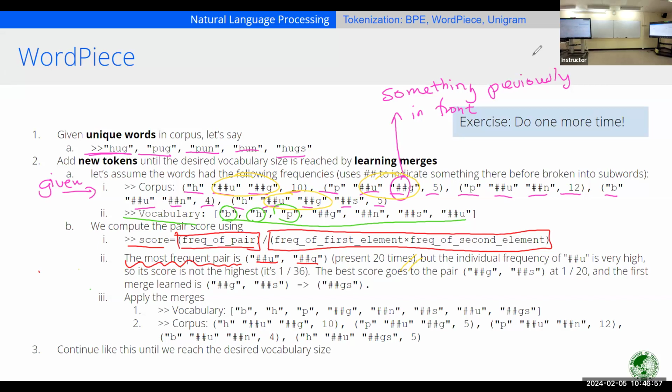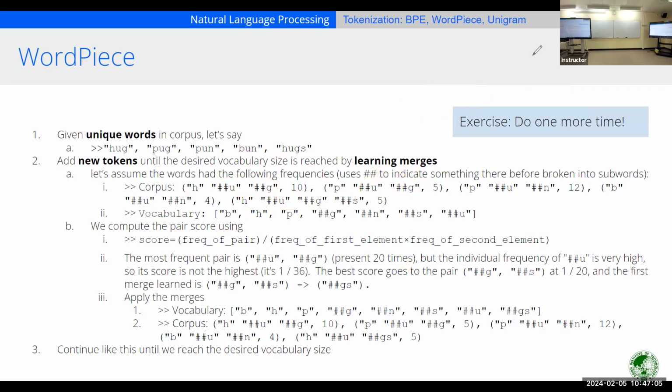Well, we do like this. Okay, let me delete everything. Everything is getting messy. So UG here is equal to 20, right? Frequency of pair. But frequency of the first element is U. So you count.